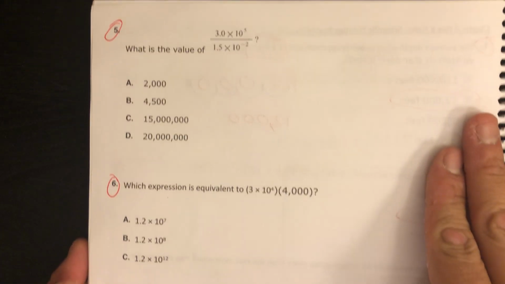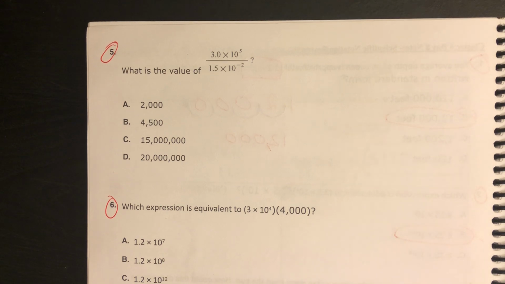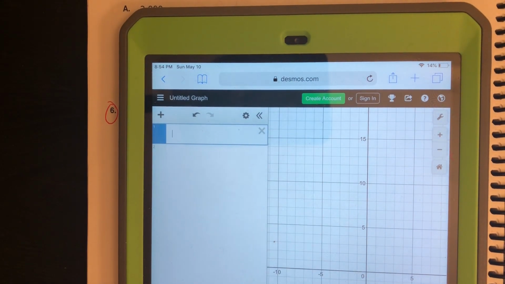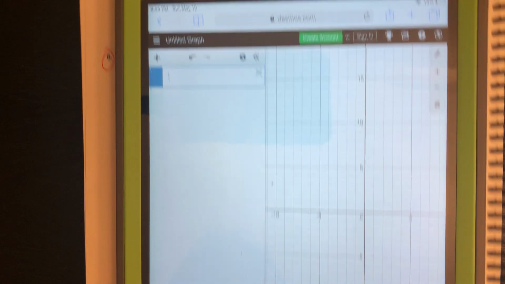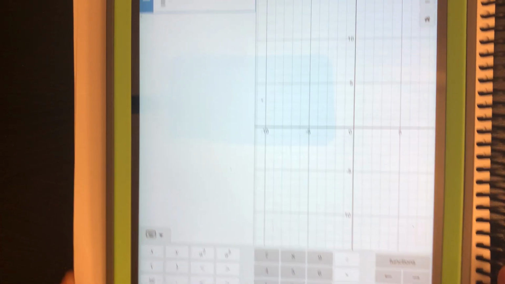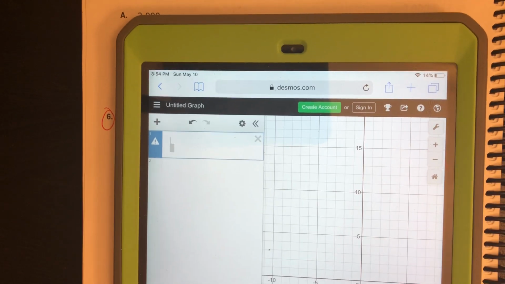We have number 5. And it says, what is the value of that fraction? So once again, go to Desmos. Let's type it in and see what we get. Remember, for the fraction, you're going to click the division symbol. Okay, and that should give you a fraction.